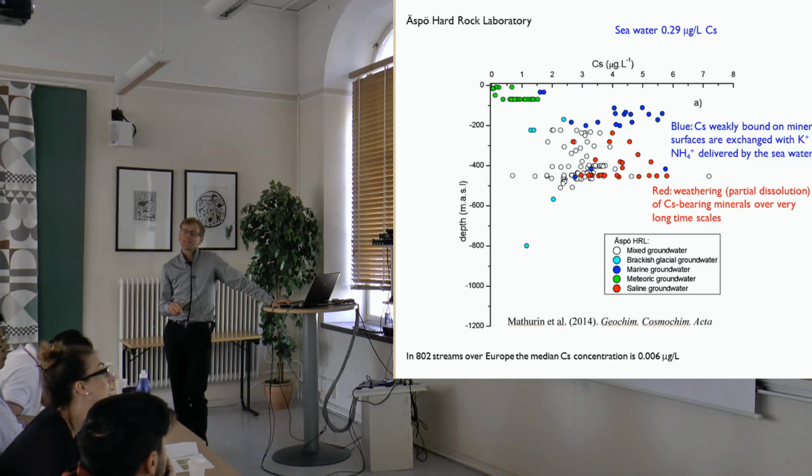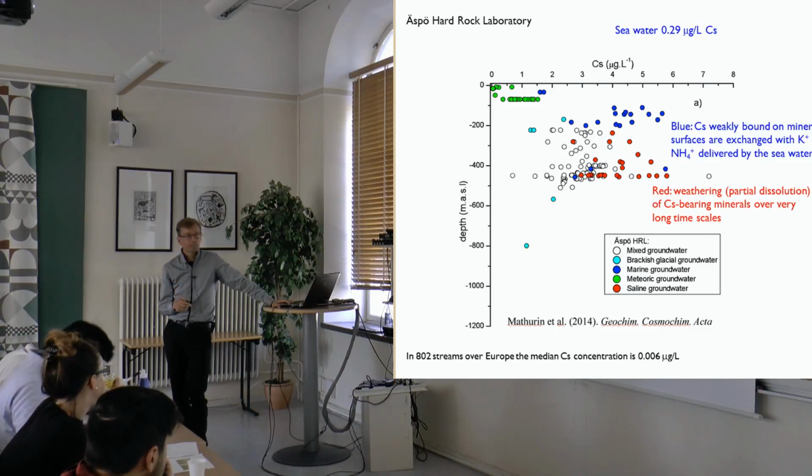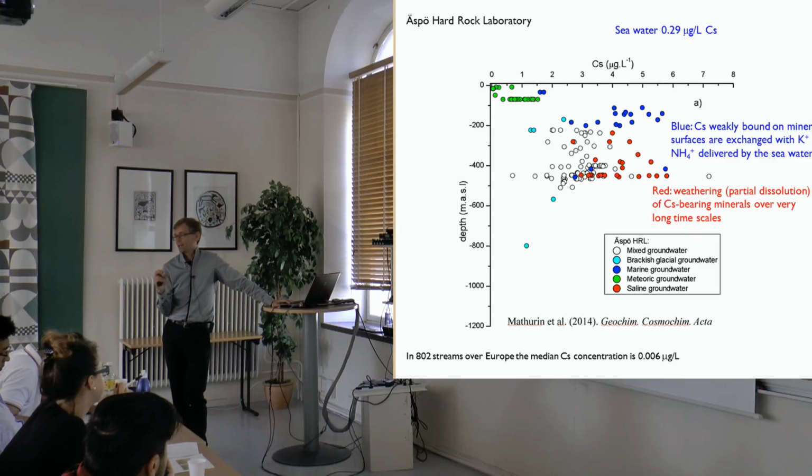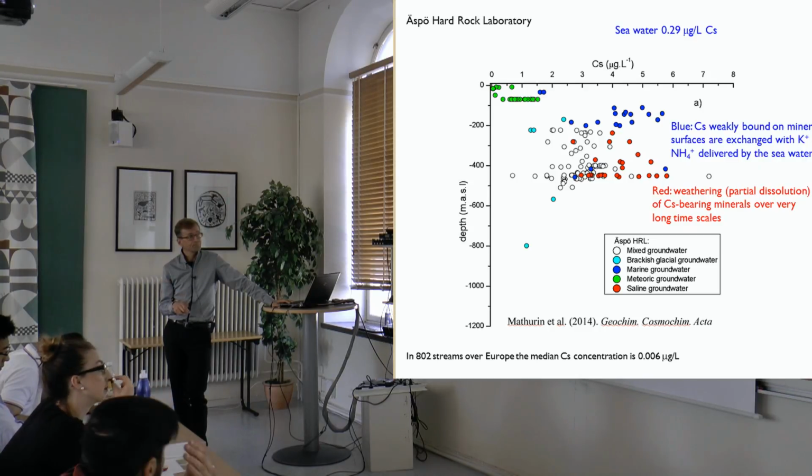And this, of course, might have some relevance also in terms of leakage from a repository. If cesium is leached, we will know that any marine water which has intruded will have quite a high capacity to keep and maintain cesium in solution.